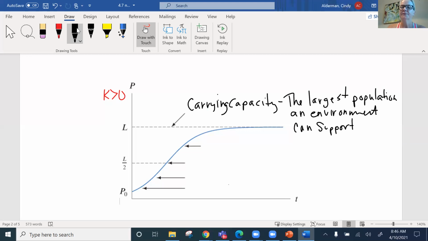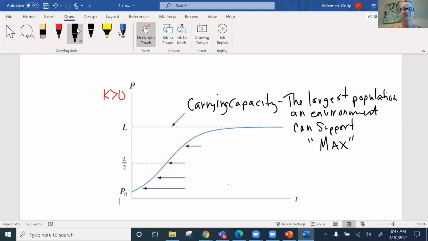Okay. Another buzzword for questions like this: what's the maximum the population will reach? So there's all kinds of different ways and words they can use, but just know that the largest anything's going to get would be where the horizontal asymptote is.